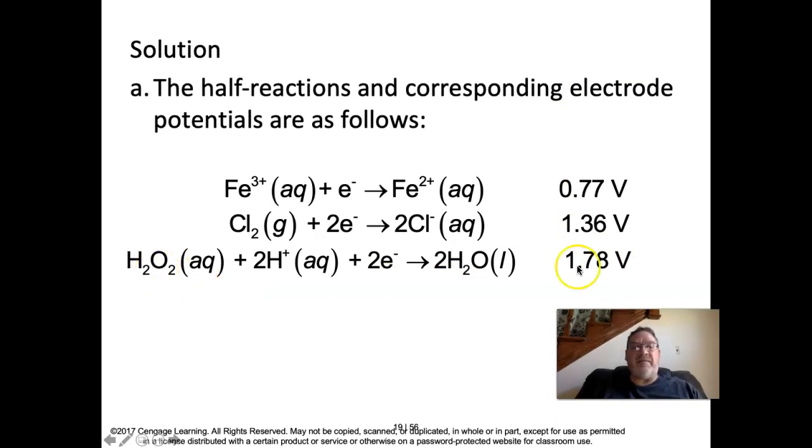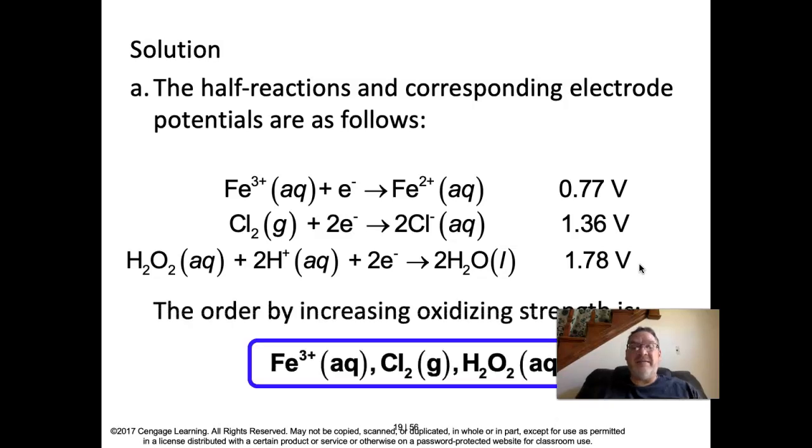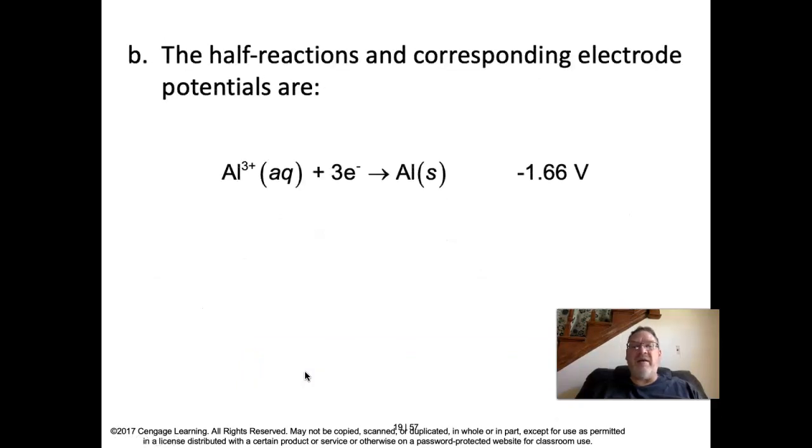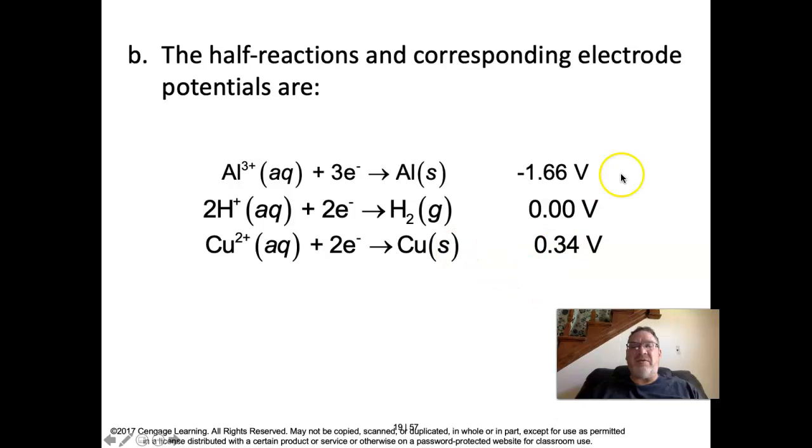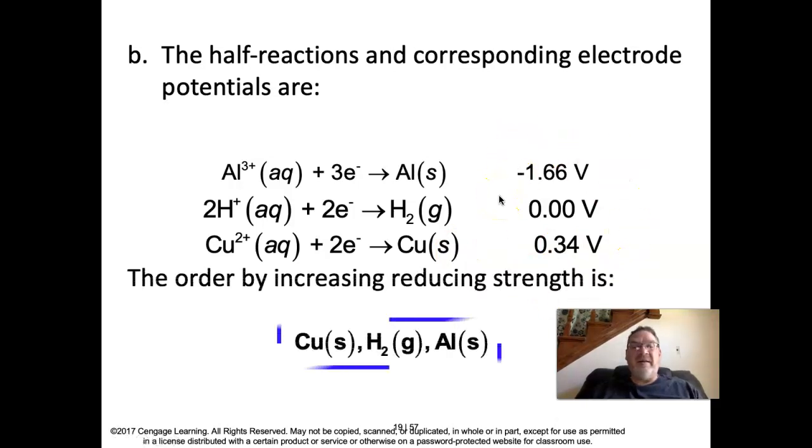So in this case, the peroxide with the higher voltage is the stronger oxidizing agent. By increasing oxidizing strength, the iron here is the weaker of the oxidizing agents. And then the second one, now that these are reduction potentials, they're looking for reducing agent. The aluminum, because it has the lower value, is the stronger reducing agent.